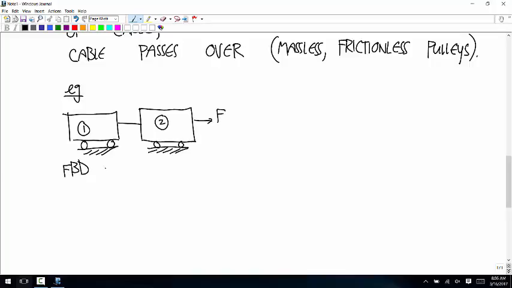So free body diagram of 1. There's a weight. Call that M1G. There's a pushing contact from the ground, so that's perpendicular to the ground toward the chosen body. I'll call that N1. And then the only other place that the boundary of 1 is contacted is that cable. And so it's applying a force like this.